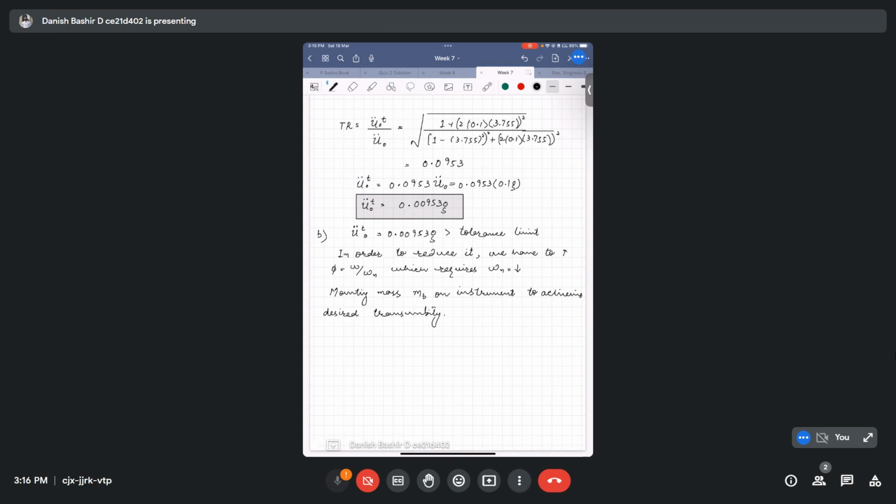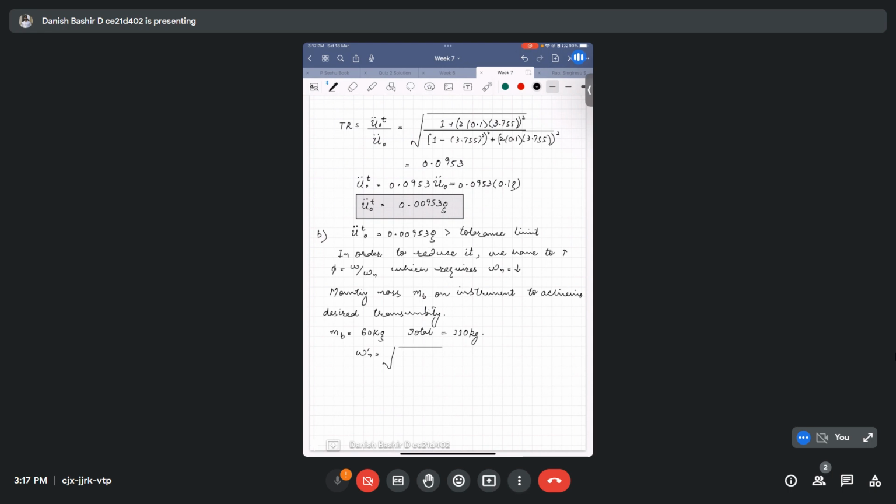So omega n dash will be, suppose we add mb equal to 60 kg as a trial, to the instrument which already has a mass of 50 kg. The total will be 60 plus 50, which is 110 kg. With this 110 kg, the new natural frequency of the system will be root under k by m.